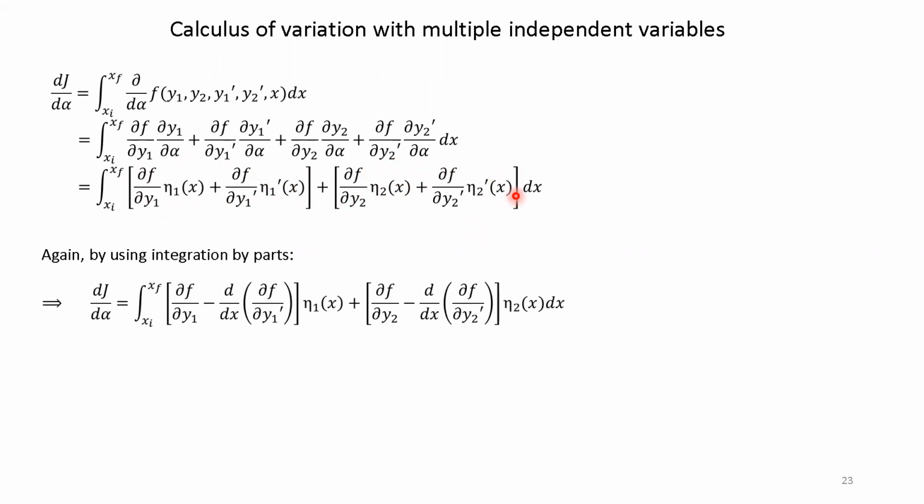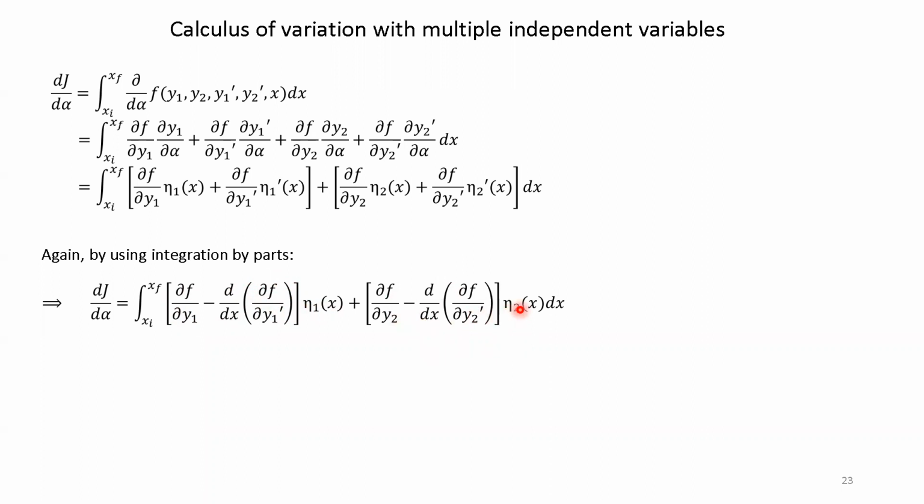Then you'll be able to write down this first group of terms, which is only with this eta 1, and this second group of terms, which is only with this eta 2.